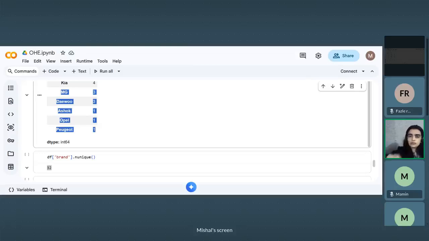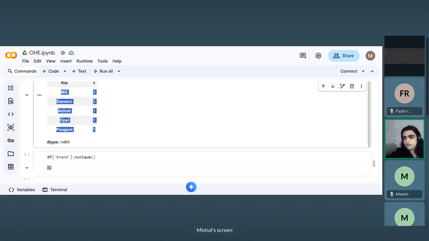So what we can do is consider a specific threshold. If there is a specific category for which we have fewer than that number of samples, then just drop it. Like for this cars data set, if for a specific company I have just 10 samples, then just drop it, because that little information will not help me in training the model.